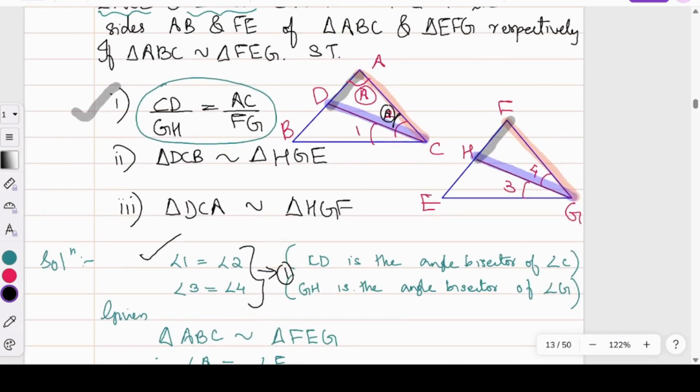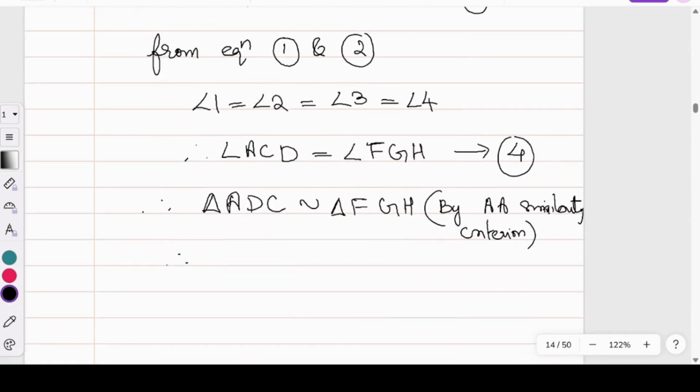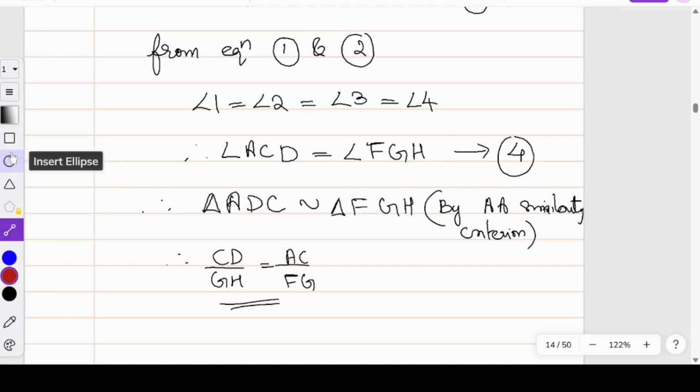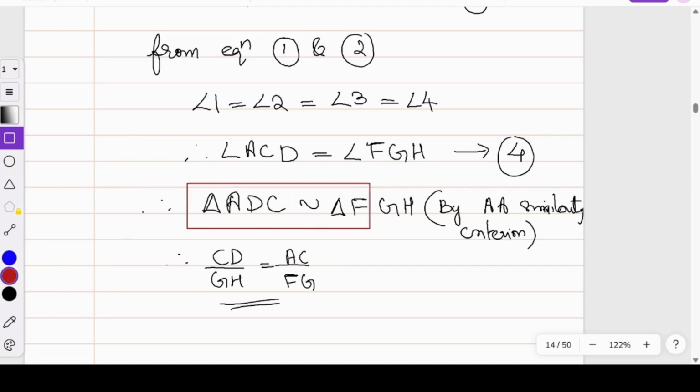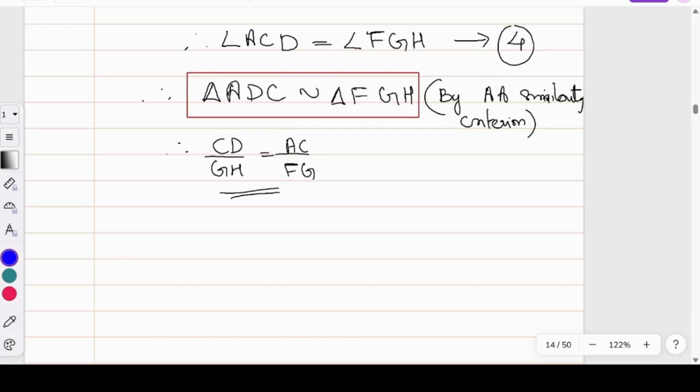Now look, this angle and this angle. Therefore its corresponding sides are also proportional. Because of this reason, I can write CD by GH is equal to AC by FG, because I got triangle ADC similar to triangle FGH, so its sides are proportional.